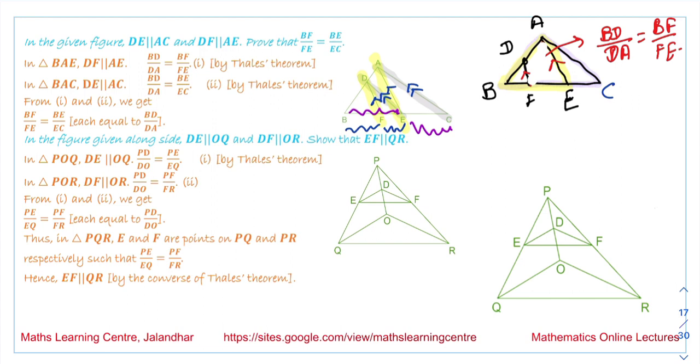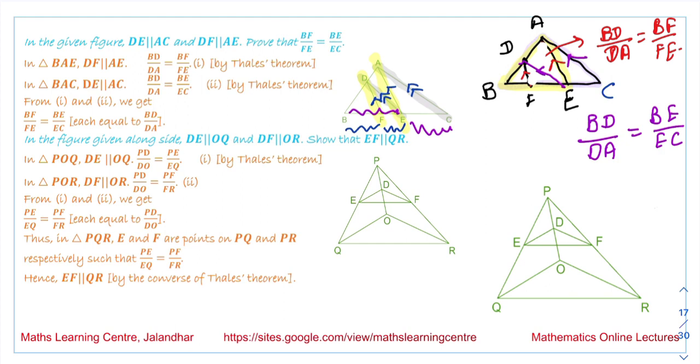Now if we consider the triangle BAC, we are talking about this larger triangle BAC. In this triangle, the 2 lines which are parallel to each other are AC and DE. These 2 lines are parallel to each other. So in this triangle, the result we have is BD over DA is equal to BE over EC.